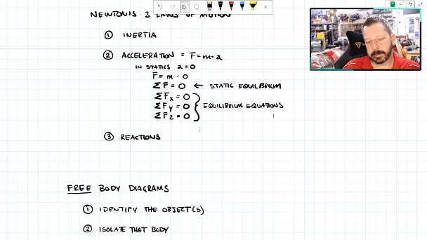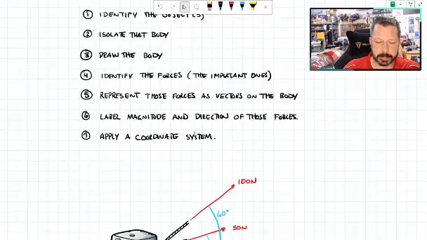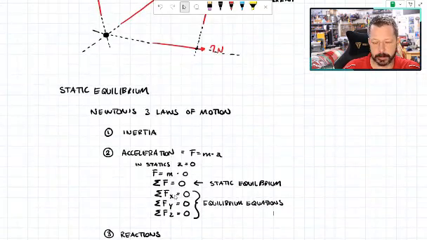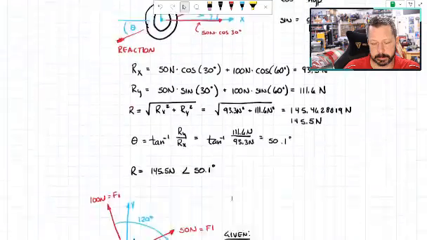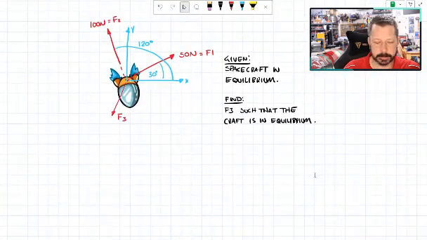We don't have a z, so even though we're in space and it's technically 3D, we're looking at this as if it's 2D. And so we've got just our x and y equations, and I'm going to write those two equations for this system.